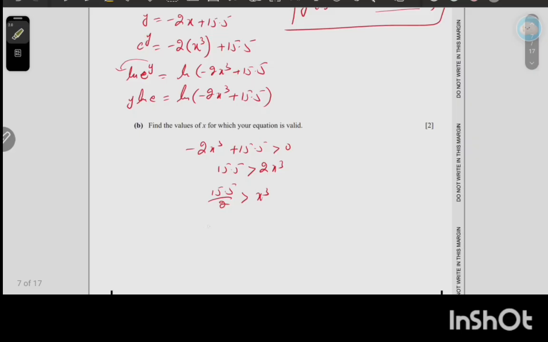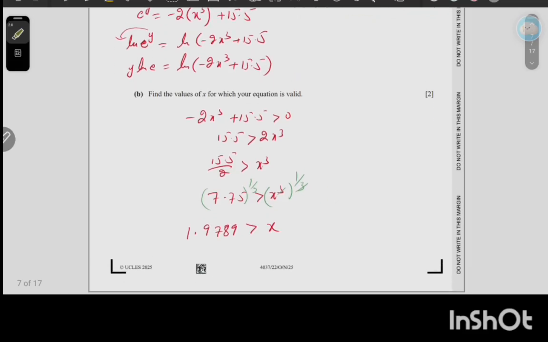So 7.75 is greater than x cube. On both sides we have to apply the cube root, one over cube. This cube and this cube cancel, so there is x less than the cube root of 7.75. Here we get 1.9789 by using the cube root calculator.